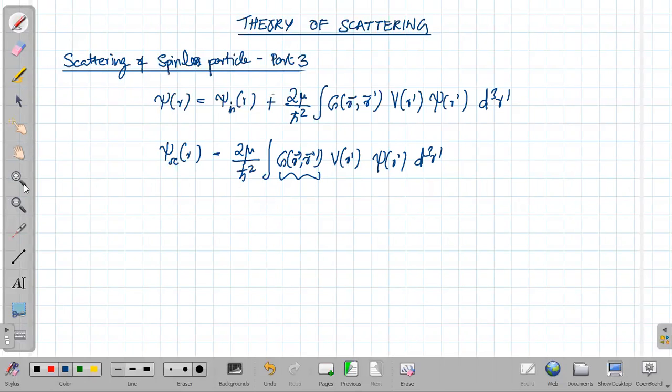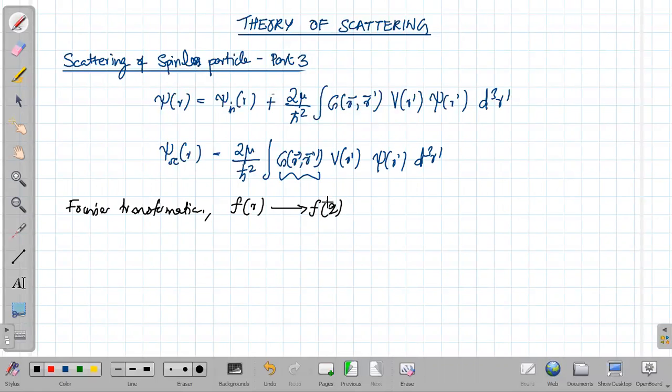If you just recall the definition of the Fourier transformation, suppose you have a function f of r, you can convert this function to some other basis q, which we can call the reciprocal basis.